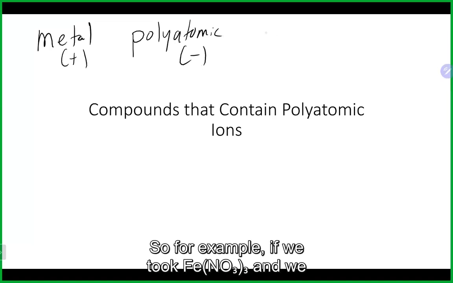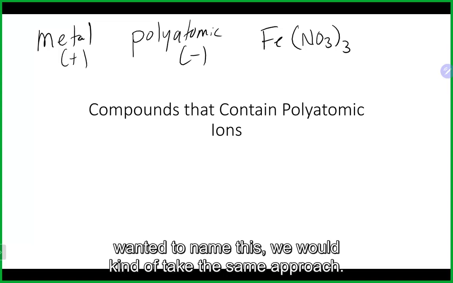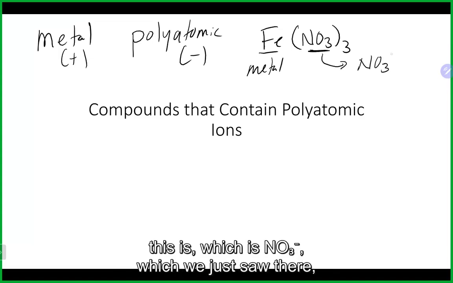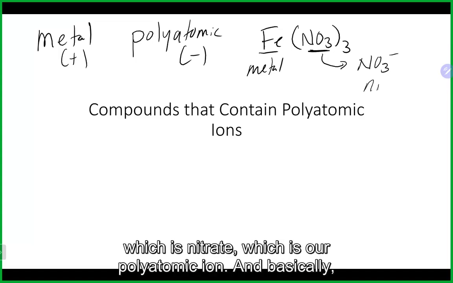So for example, if we took Fe NO3 and we wanted to name this, we would take the same approach. We see that we have a metal, and you will eventually know what this is, which is NO3 minus, which we just saw there, which is nitrate, our polyatomic ion.